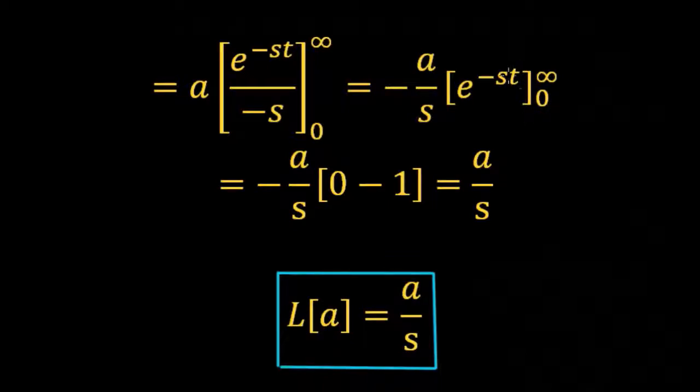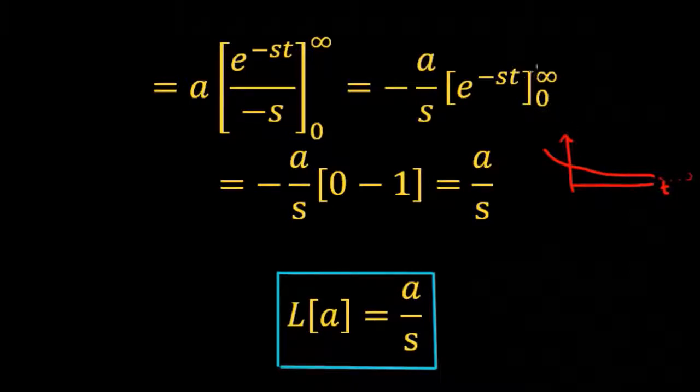Now the only value here that we place the 0 and the infinity in is t, because we're integrating with respect to t. So we can write minus a upon s, and as t tends to infinity, e to the minus st tends towards 0. Again, we've seen that in the introductory video. So we'd have a function that would look like this here. That's t, and this is e to the minus st. As t tends to infinity, e to the minus st just tends towards 0.